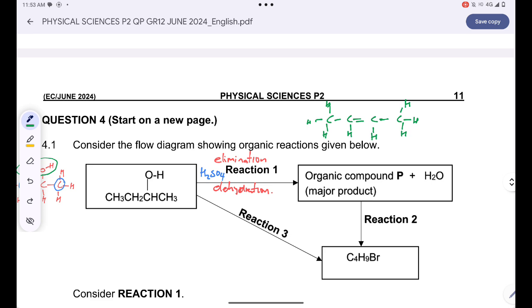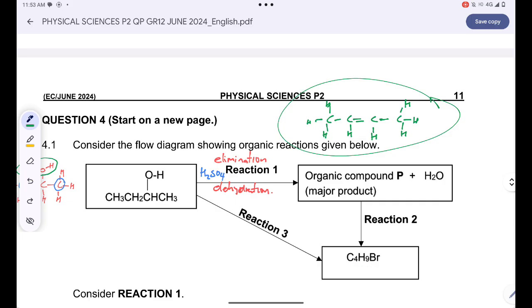Okay, so now let's go to reaction 2. Now guys, we can see that there's something which was added, which was a halogen. I can also see that the number of hydrogens increased by 1, because I had 8 hydrogens, but now I have 9 hydrogens.